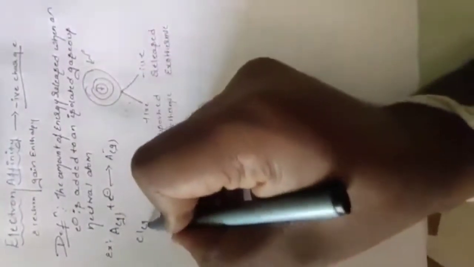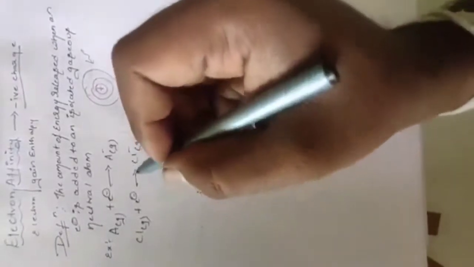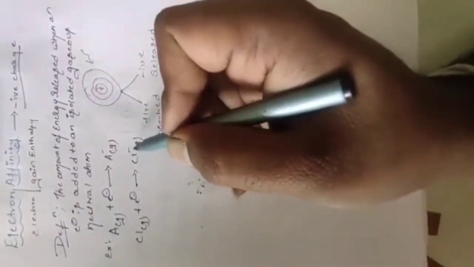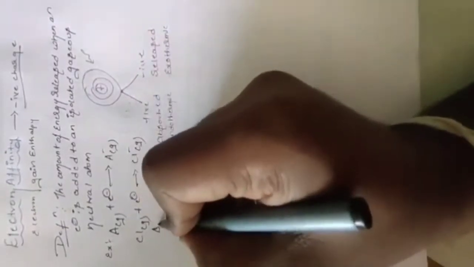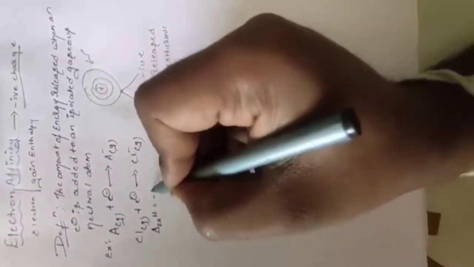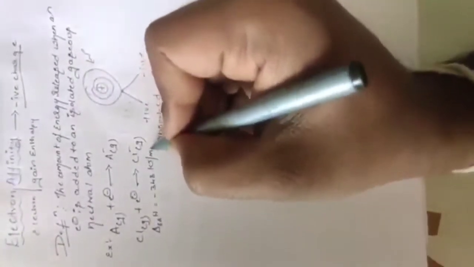Chlorine is in neutral state in gaseous form. If you add an electron to that, it becomes chlorine anion in gaseous state. For chlorine neutral to chlorine anion, its enthalpy change is equal to minus 348 kilojoules per mole.